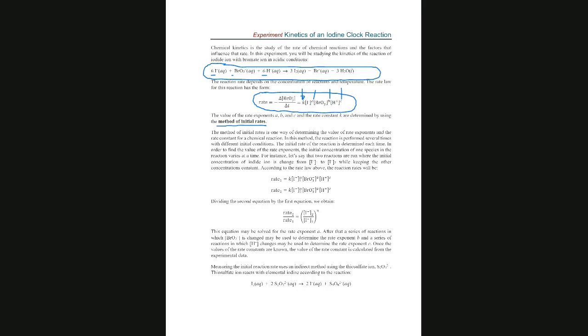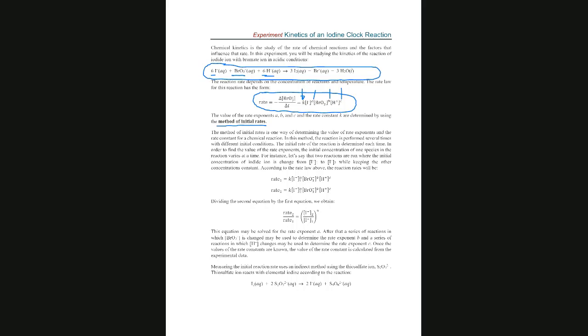Basically, to find the value of the rate exponents, which is A, B, or C, we vary the initial concentration of one substance. Let's look at the reaction here. The reaction has three reactants: iodine, bromate, and protons.